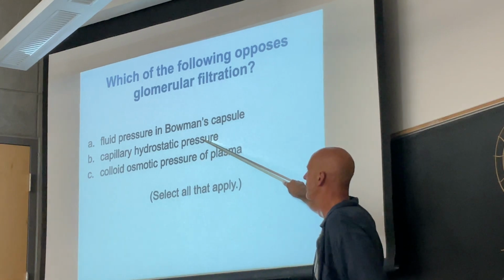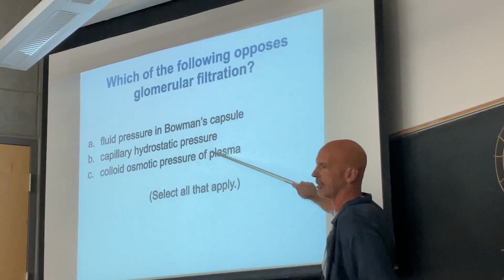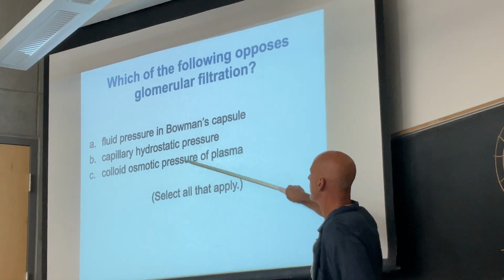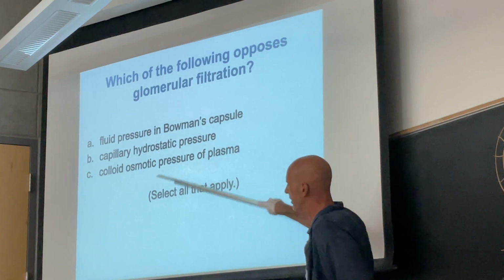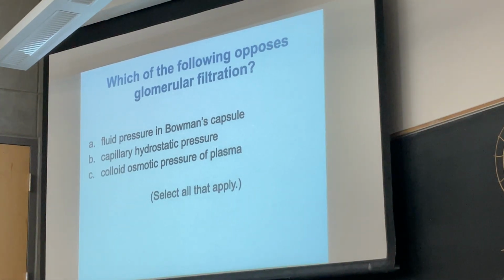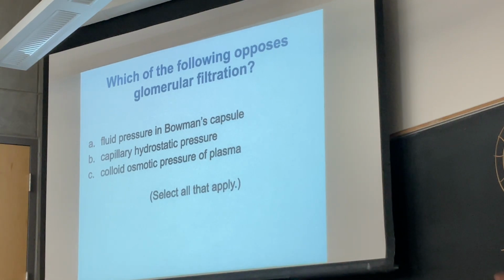This is what drives it. These two, if there's colloid, just like the colloid pressure in your capillaries promoting absorption, are opposing filtration. So these are the same principles as blood flow through any capillary, except that ultimately, the whole way through, we're just pushing out stuff.